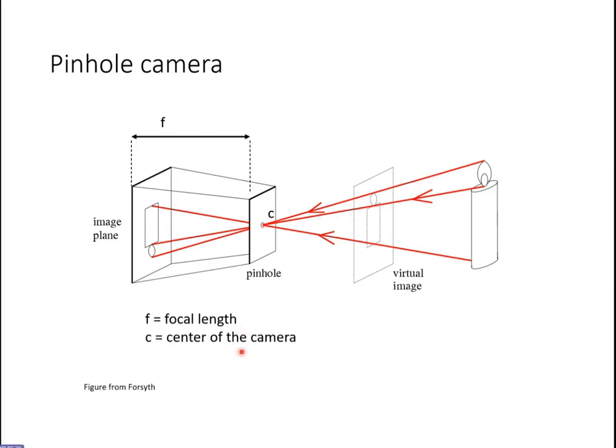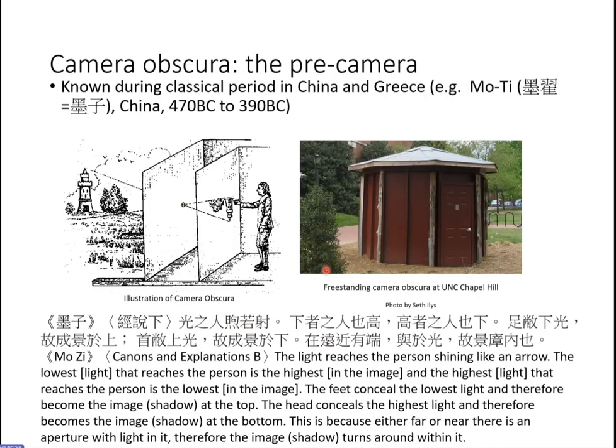There are examples like this. This is the camera obscura, the prototype of the pinhole camera. It is simple: if they have a wall here and a small hole, they can see the scene on it, but it is upside down.